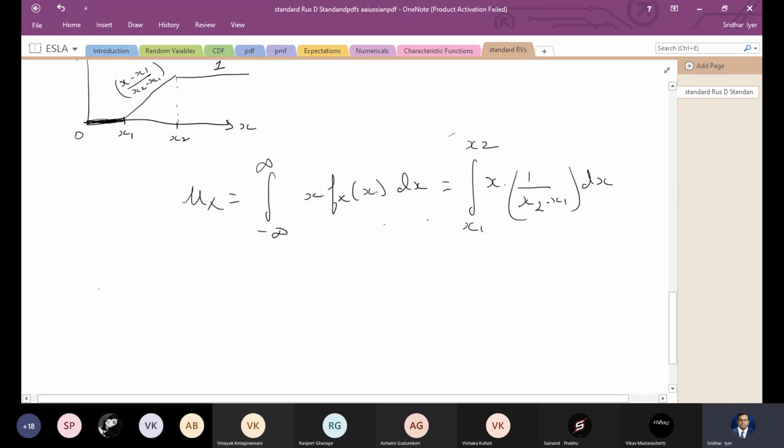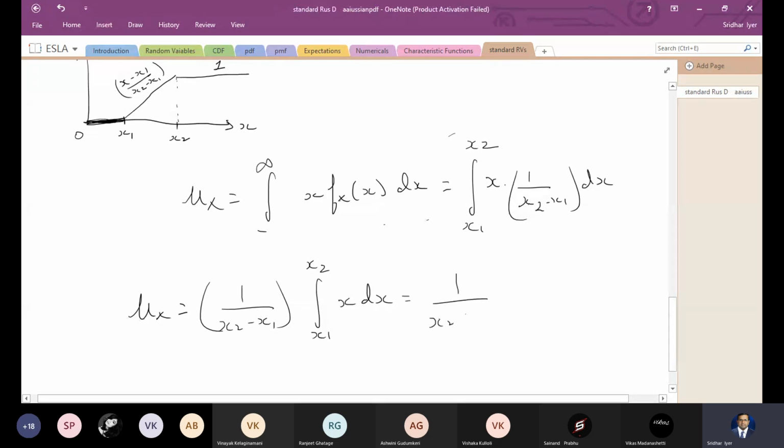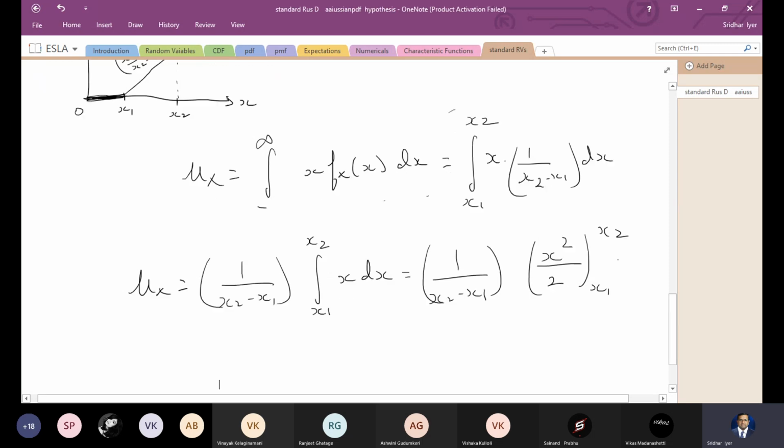right? Therefore mu x, 1 by x2 minus x1 is a constant because they are constant values. Integral x1 to x2 x dx. Therefore you'll have 1 by x2 minus x1. This will be x square by 2 from x1 to x2.